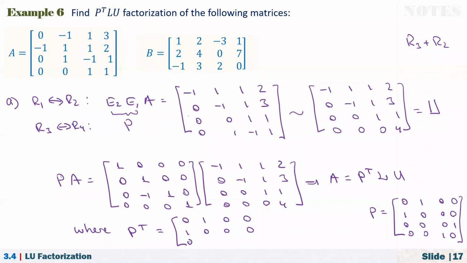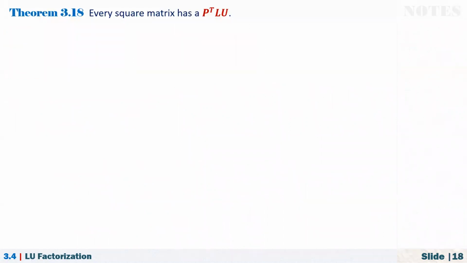So here we have 0, 0, 1, 0. Okay. And that's how we find the PTLU factorization of the matrices. And B, I think I'll just leave it as an exercise.